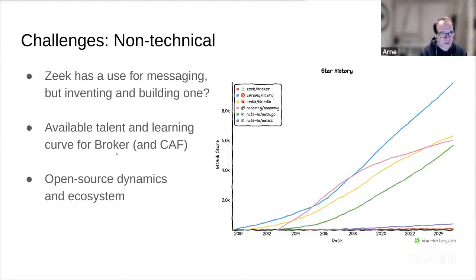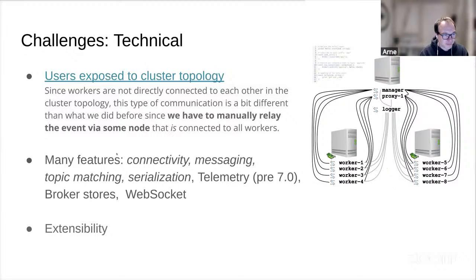So from a technical perspective, and I don't know, this is my pet peeve, and there might be a fix for it, but it's been discussed for many years and it hasn't happened. The issue is that it should be a generic publish subscribe system, but as a user, you're actually exposed to this cluster topology and how nodes are connected with each other.